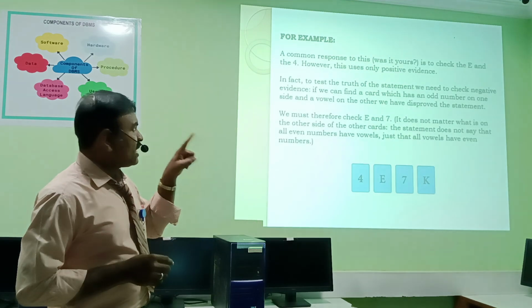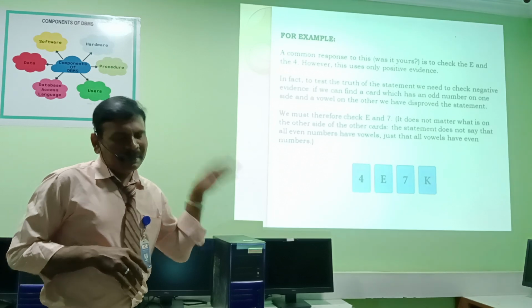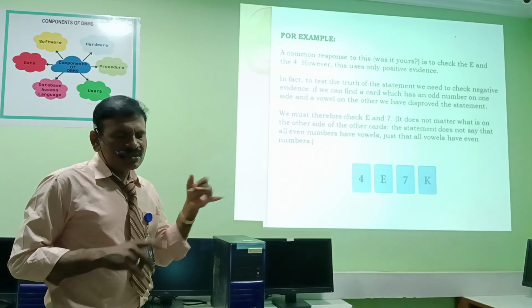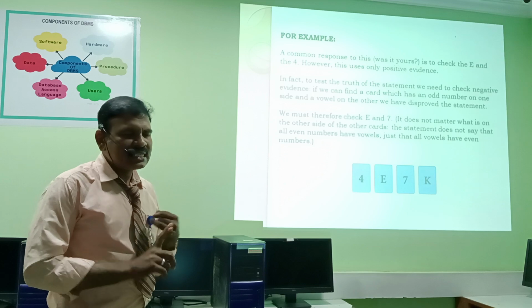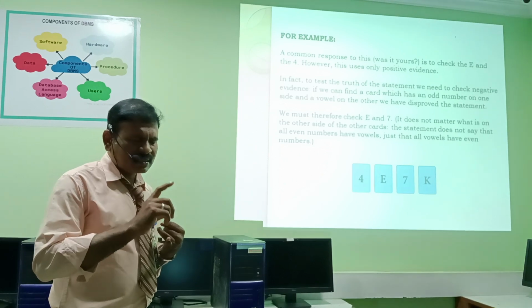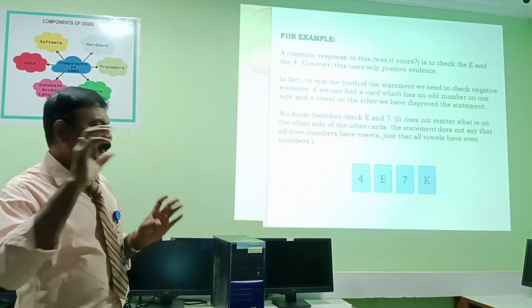Let us check E and 4. We have only positive evidence, but how do we represent it? E is a vowel and the remaining are integer values, and that is what we justify.